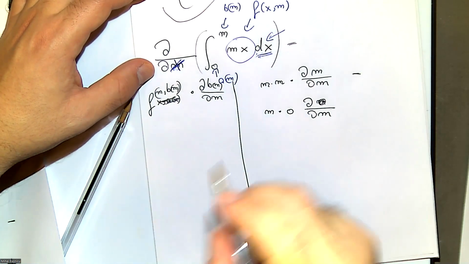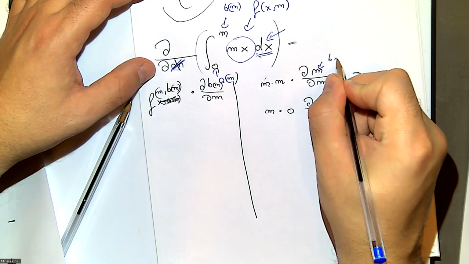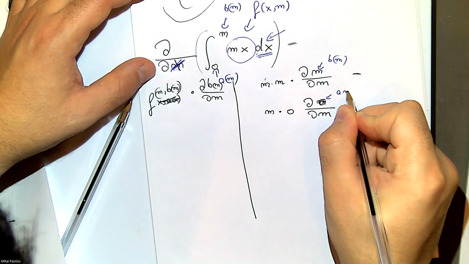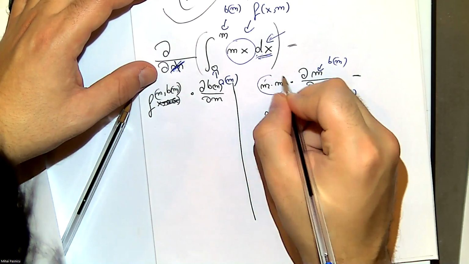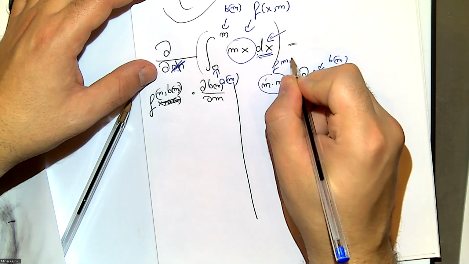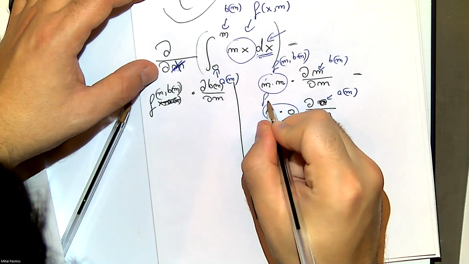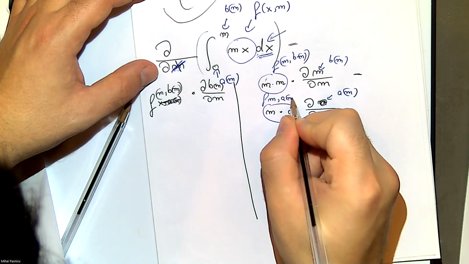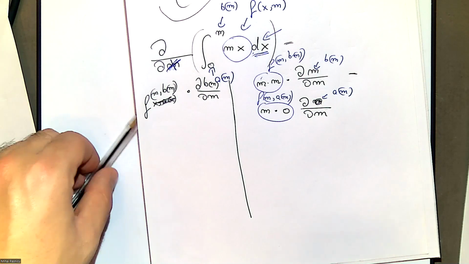Again, if you were to identify, this m is b of m, this 0 is a of m, and this is just f of m, b of m, f of m, a of m. That's just some identification for you guys.